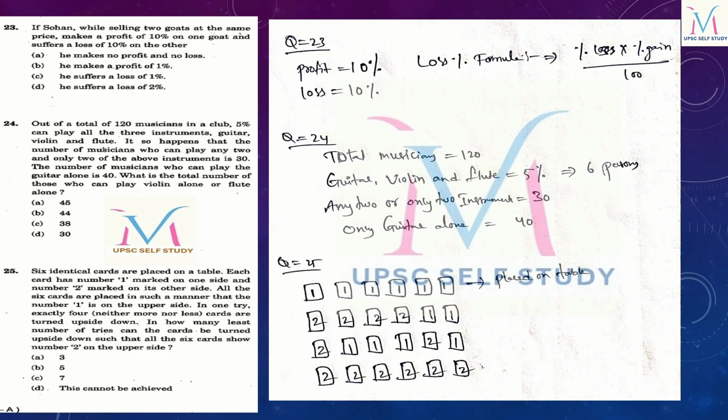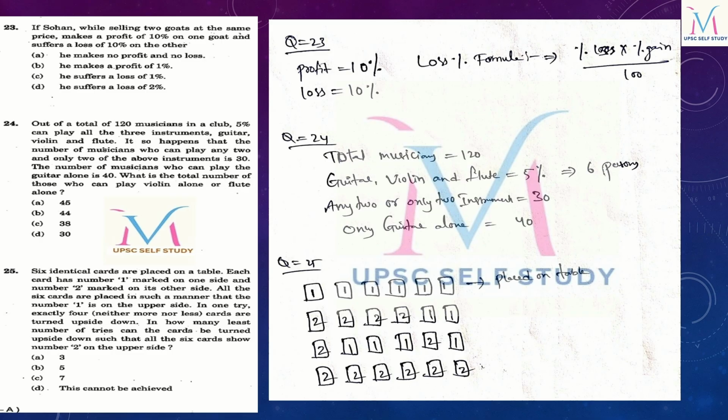Okay, here the total number of musicians is equal to 120 in a club. So among the club, 5% can play the guitar, violin and flute. How do we calculate the 5%? 5% is equal to 5 by 100, right?